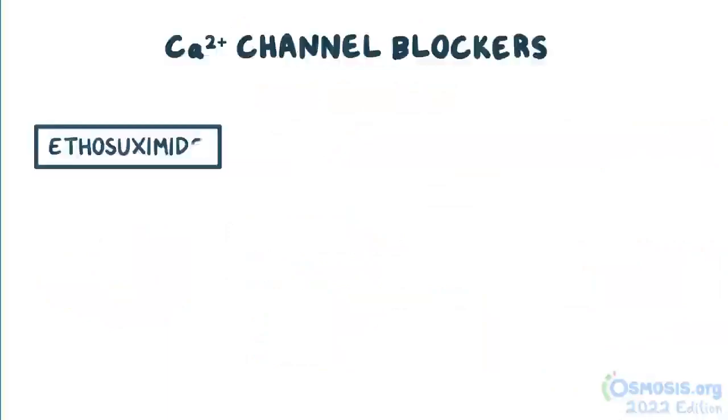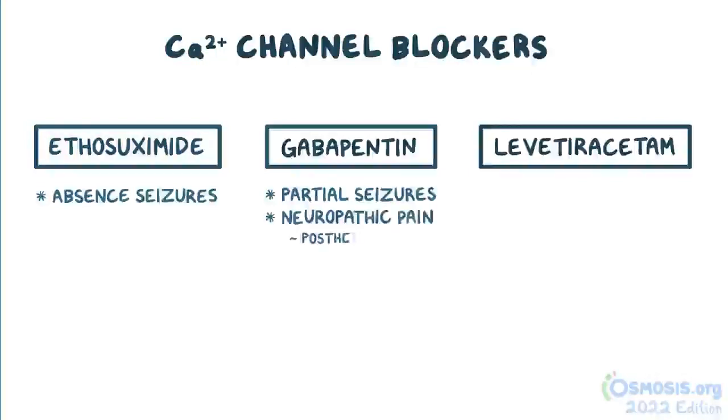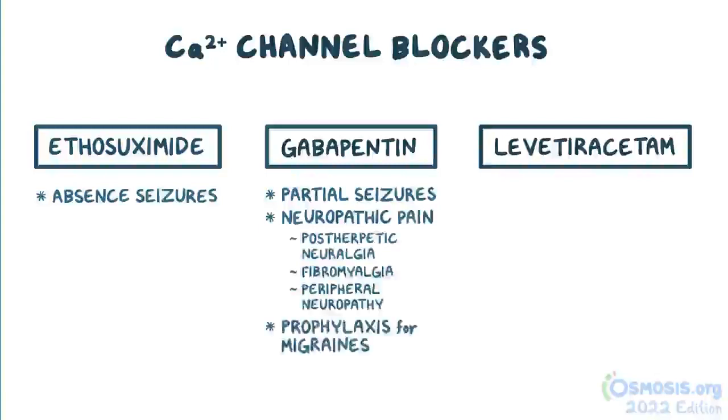Alright, let's move on to calcium channel blockers, which include ethosuximide, gabapentin, and levetiracetam. Ethosuximide is the drug of choice for absence seizures. Gabapentin is used for partial seizures, neuropathic pain in post-herpetic neuralgia, fibromyalgia, peripheral neuropathy, and as a prophylaxis for migraines.